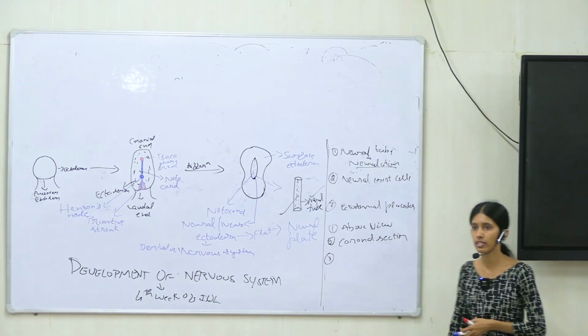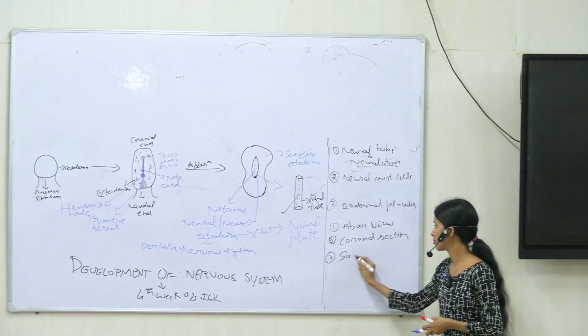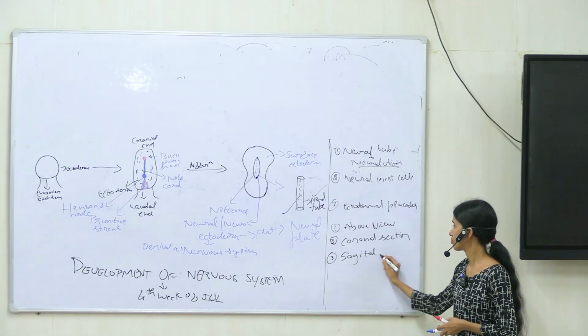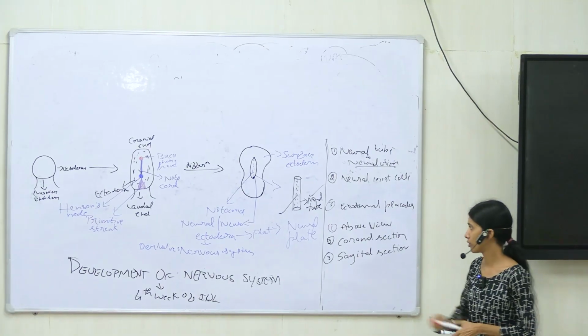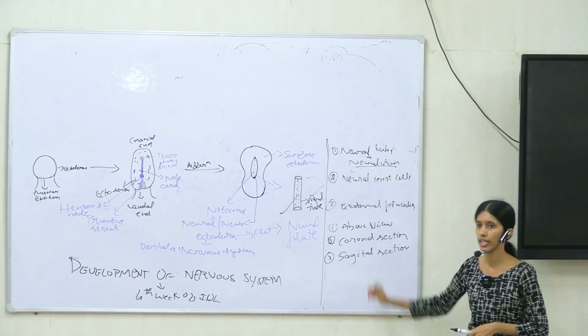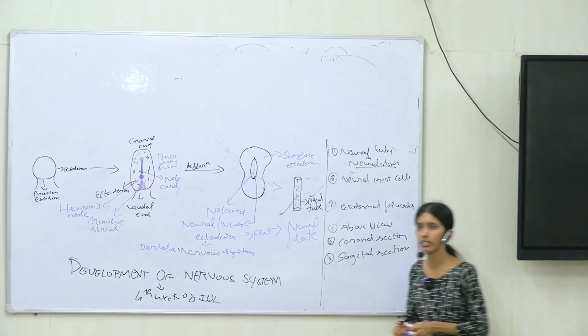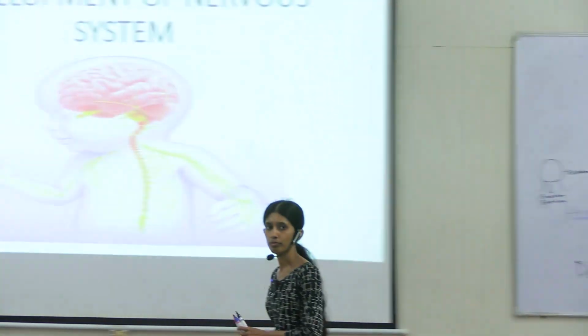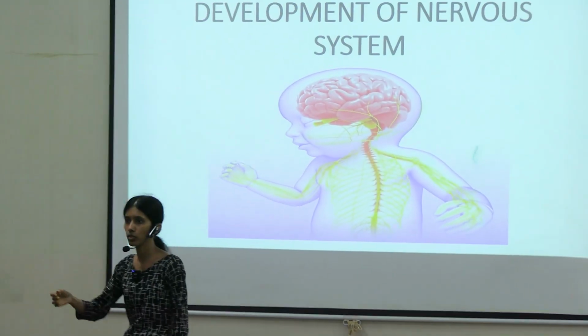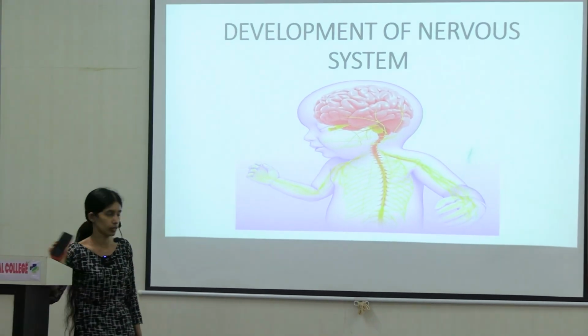The third one is the sagittal section. So now we are done with the above view part. Next we will see the coronal section and sagittal section. Any doubts in this? Yes or no?